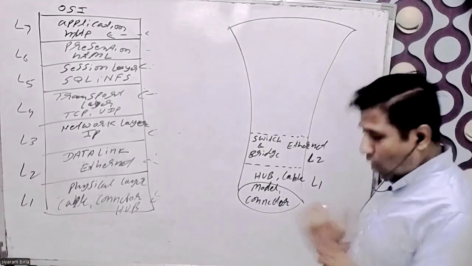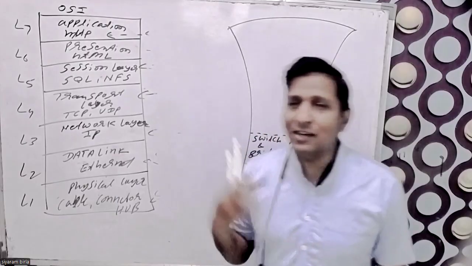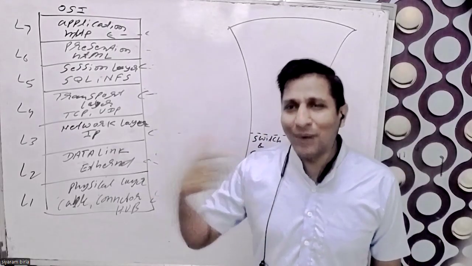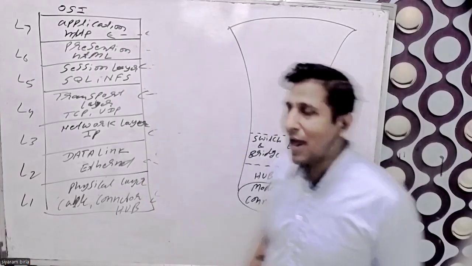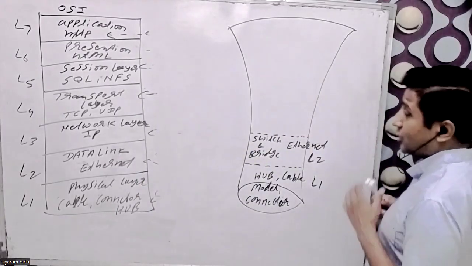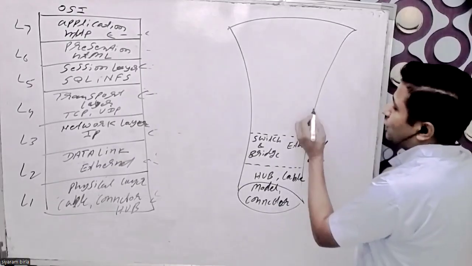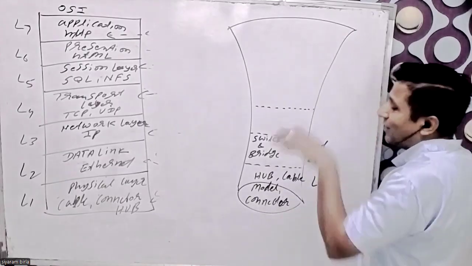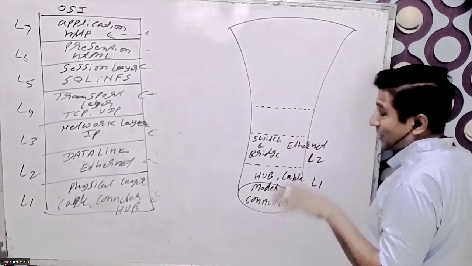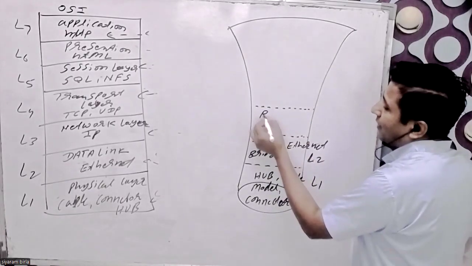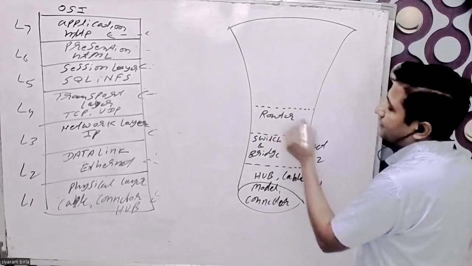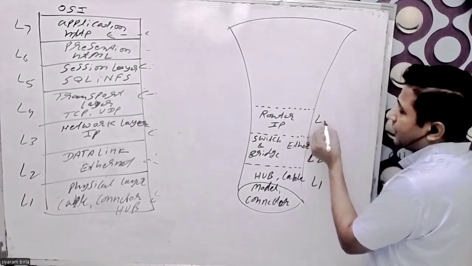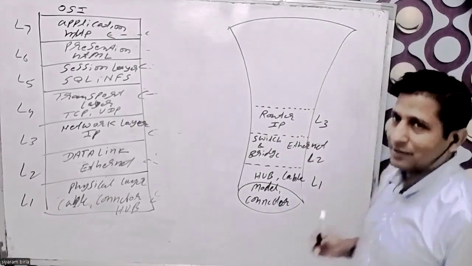But the router has more capability than the switch, because the router has multiple broadcast domains and multiple collision domains. It is responsible for physical delivery. So the hubs and cables sit at the bottom, after that the switch and bridge, and after that the router works. Here the protocol is the IP protocol, which also works at layer 3.